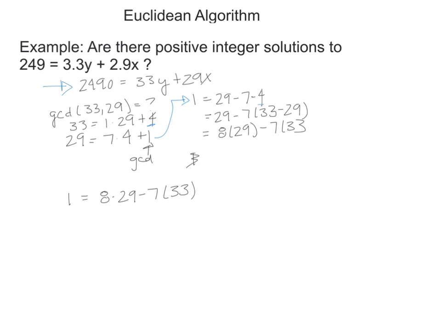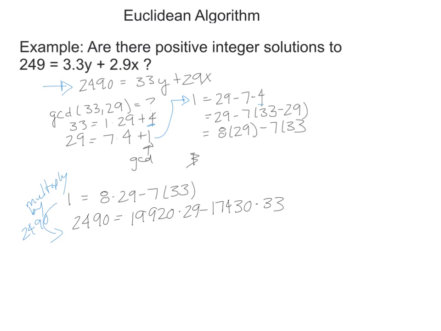But if I multiply the whole equation by 2,490, what I can get is 2,490 = 19920 times 29 - 17430 times 33. So now I have a solution with integers. However, they're not positive integers, but so far I'm doing pretty well.